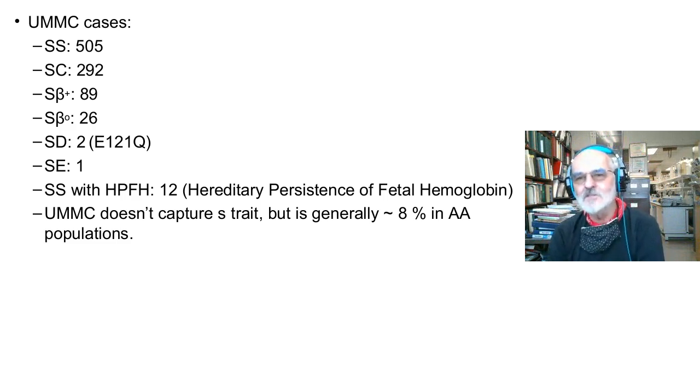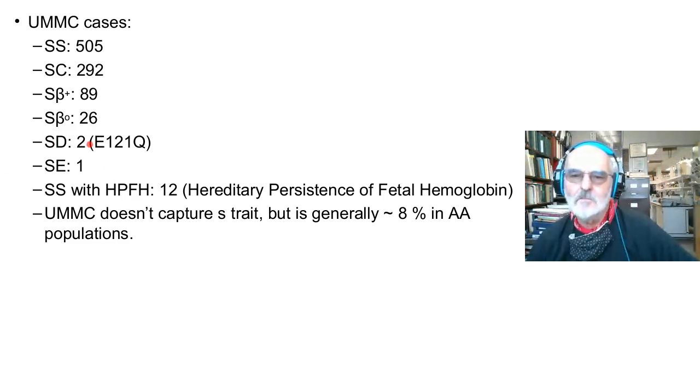It doesn't splice correctly. And consequently, those patients are essentially homozygous for S. They only have one copy, but since there's no other beta around, they essentially have hemoglobin S and they have sickle cell disease.